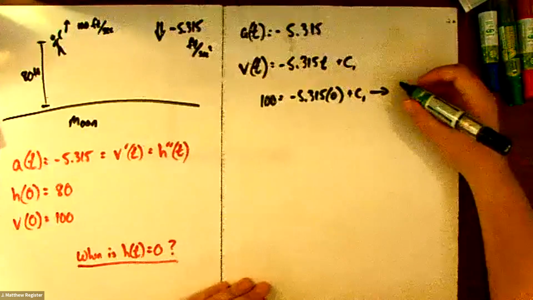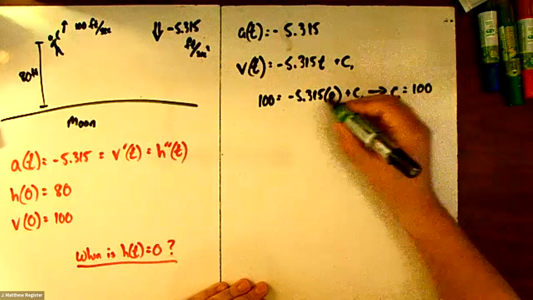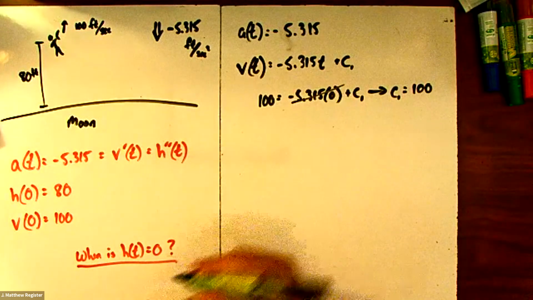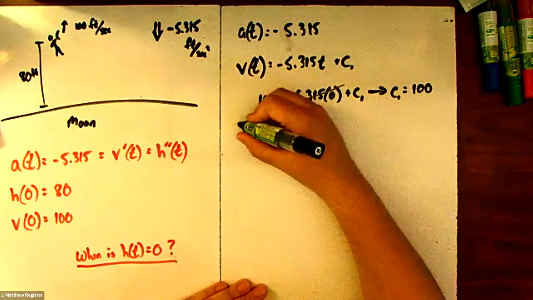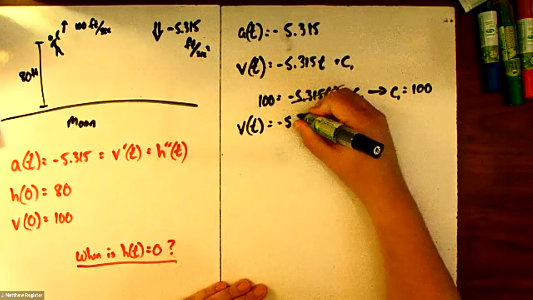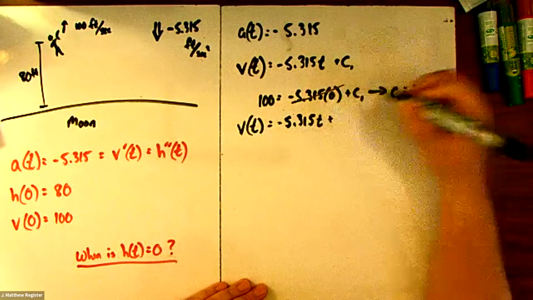So c1 is going to be equal to 100, since that term goes away. Now we have our velocity, v of t, is equal to negative 5.315t plus 100.